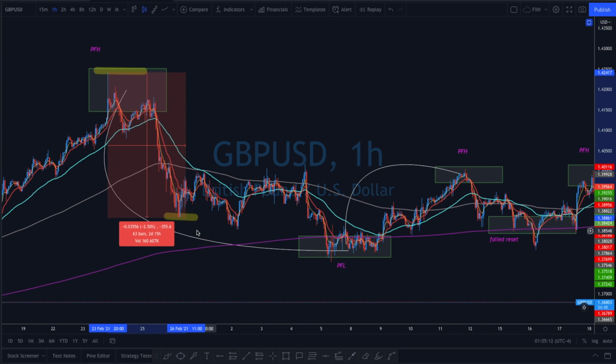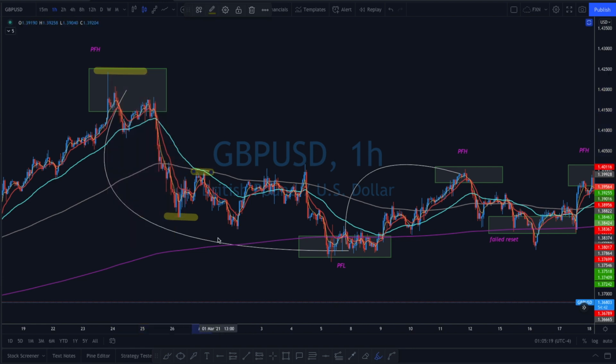Now here's the problem though. If you are going to say that this right here is your reset, okay, that means that you need to go down 3 times ADR, right? And in this case you don't. You don't go 3 times ADR, you only go down 143. Okay, so if you do it this way, where you're saying that this could be the reset, you see the problem here.